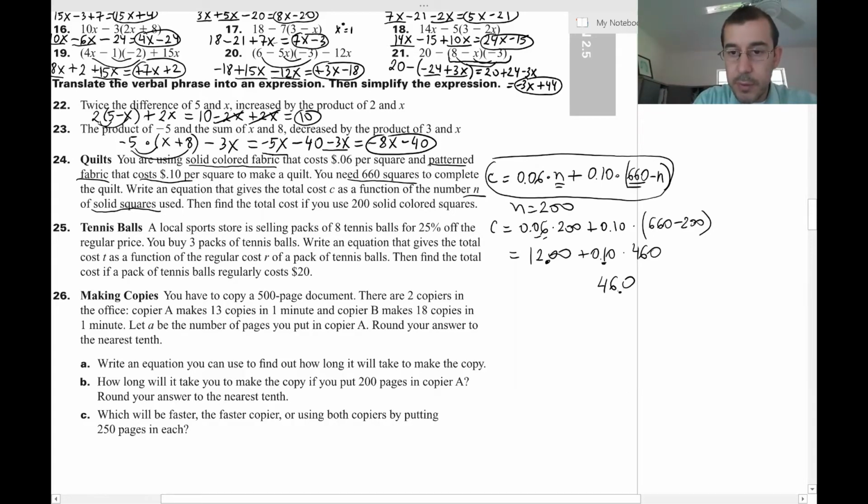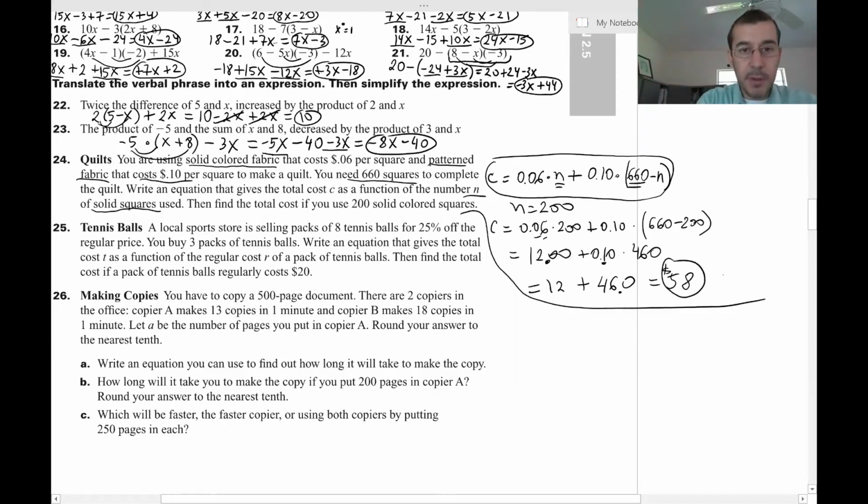So this is 46. So it's 12 plus 46, so the total cost will be $58. Okay. So the total cost, if you use 200 solid colored squares, is going to be $58. That's 24.